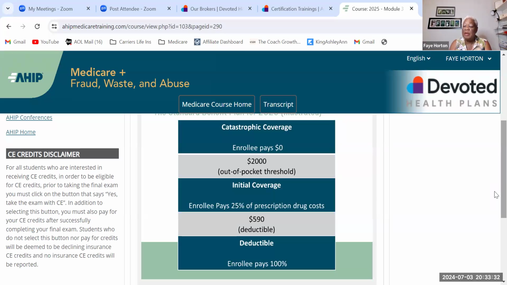When the beneficiary's out-of-pocket costs between the deductible and the initial coverage stages reaches $2,000, they're in the catastrophic coverage stage, where now the enrollee pays no more covered prescription drug costs.